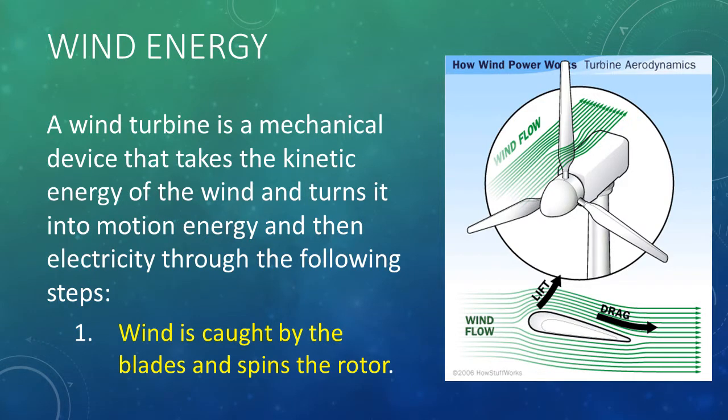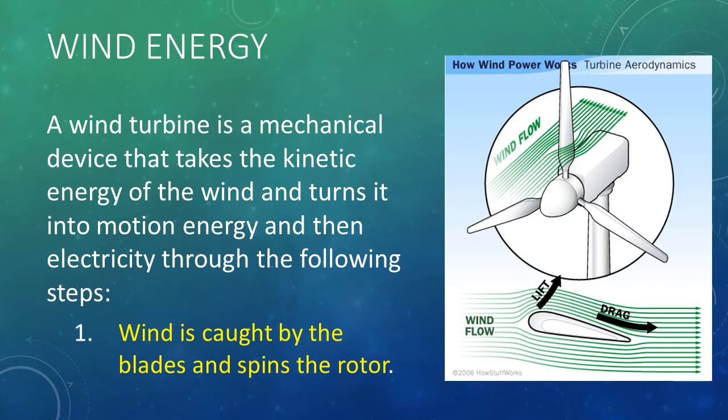So to begin, a wind turbine is a mechanical device. It's a machine. And that machine takes the kinetic energy of the wind and turns it into motion energy and then electricity through the following steps. Before we begin, if we look at the picture on the right, we see our wind turbine and wind flow.